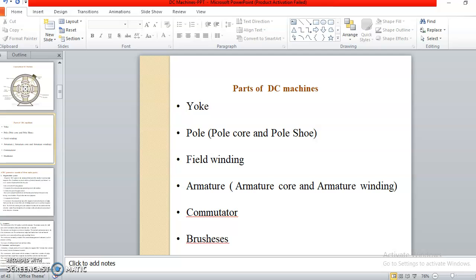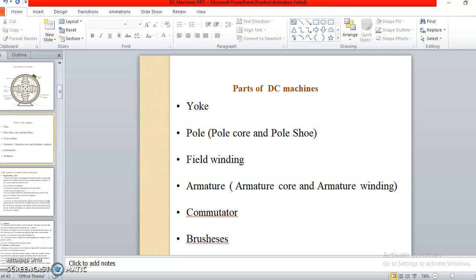So it is called either field winding or exciting winding. Field winding is divided into various coils called field coils. These are connected in series with each other and wound in such a way that alternate N and S poles are formed around the pole cores. The total number of poles is denoted by P.